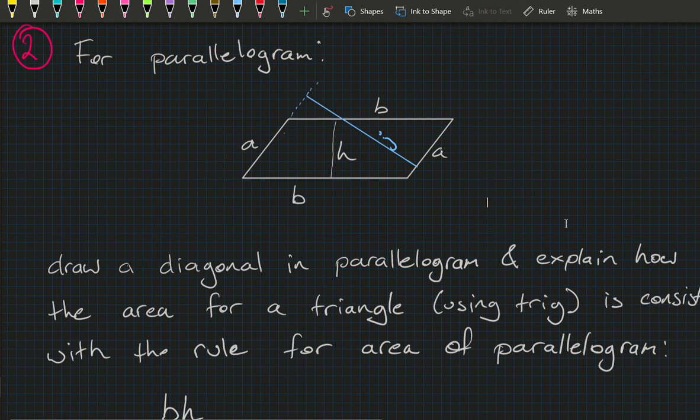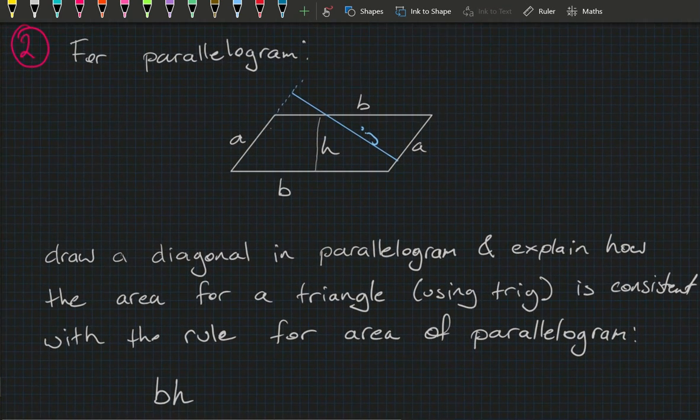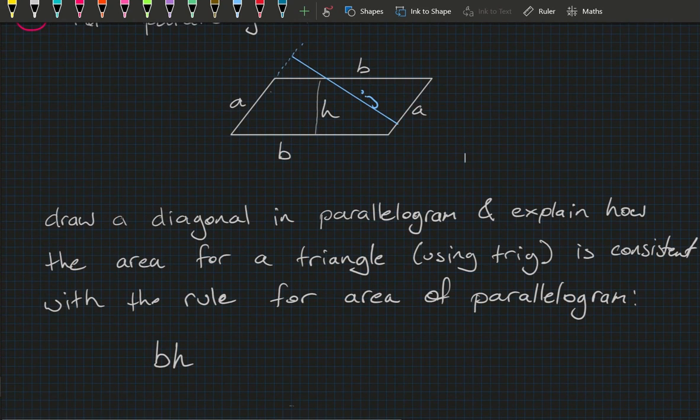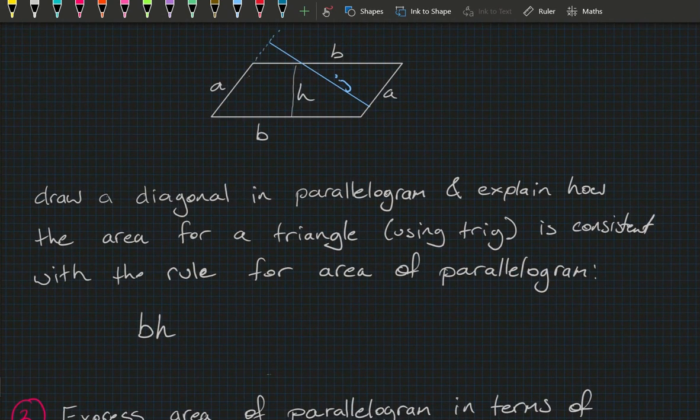I'm asking you to draw a diagonal in the parallelogram and explain how the area for a triangle using trig is consistent with the rule for the area of a parallelogram. You need to think about what triangles exist, and maybe that h has something to do with it. Can you use the trig rules to show why the area for the parallelogram has to be b times h?